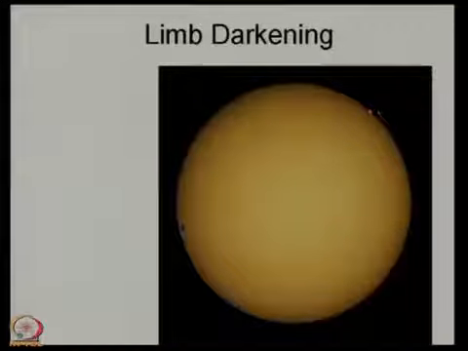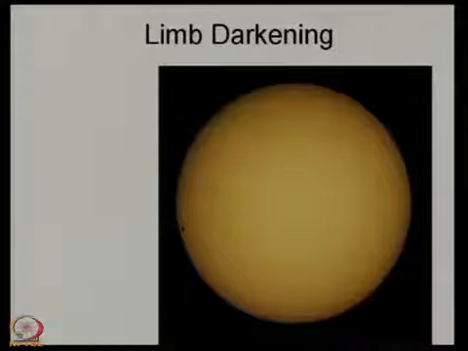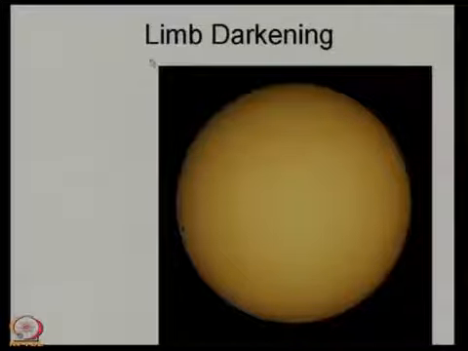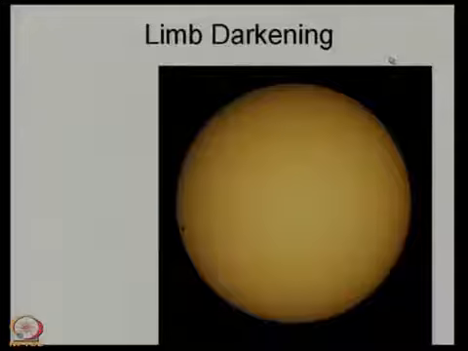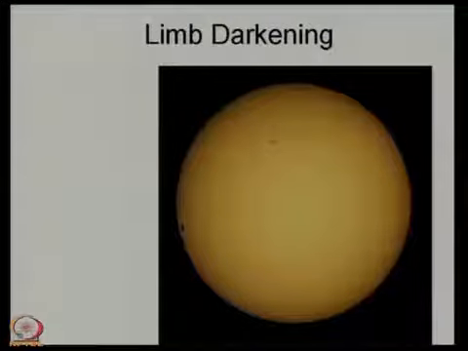In astronomical parlance, the edges are referred to as limbs, and the phenomenon shown over here is referred to as limb darkening. So the outer regions of the sun appear to be darker. Okay.